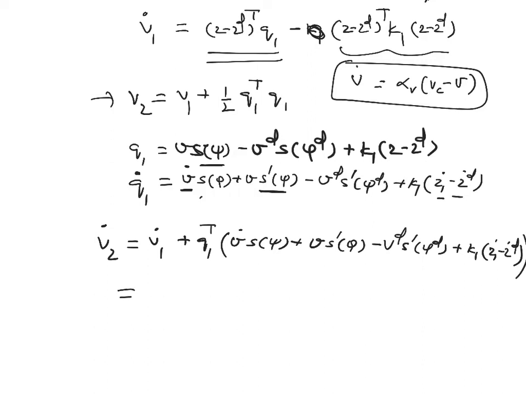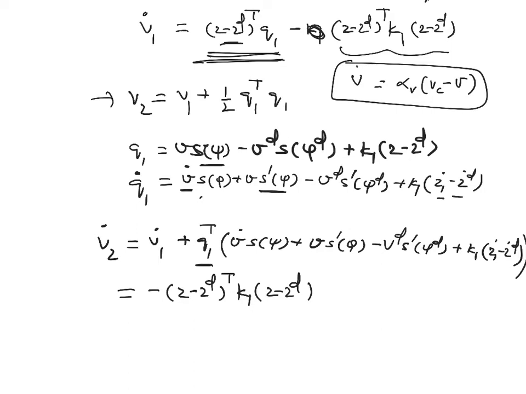And remember, what is my v1 dot from here? It is minus (z minus z desired) transpose k1 (z minus z desired), and this. So this can also be written as q1 transpose this, because you take a transpose of a scalar, you get a scalar. So I can rewrite, because why I'm writing this is so that I can bring that in.